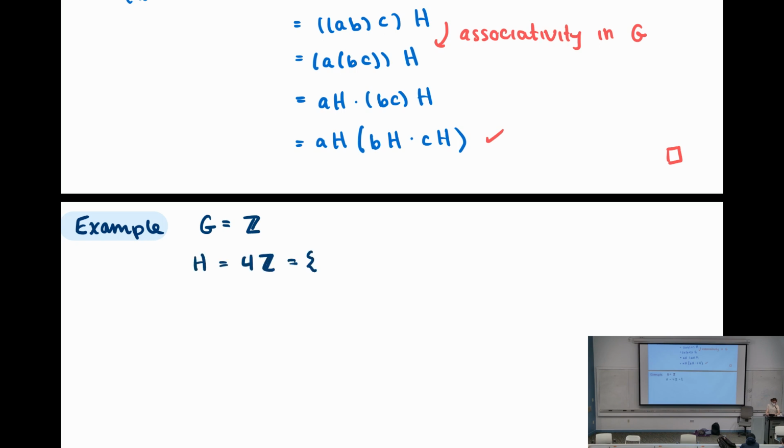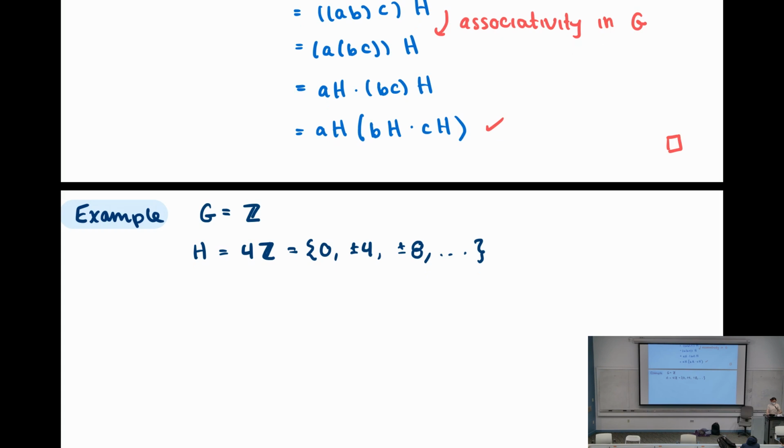So this is 0, plus or minus 4, plus or minus 8, and so on. Okay, so what is G mod H, which in this case is Z mod 4Z? I'm going to give you a few minutes to think about this and discuss, and then we'll talk about it.